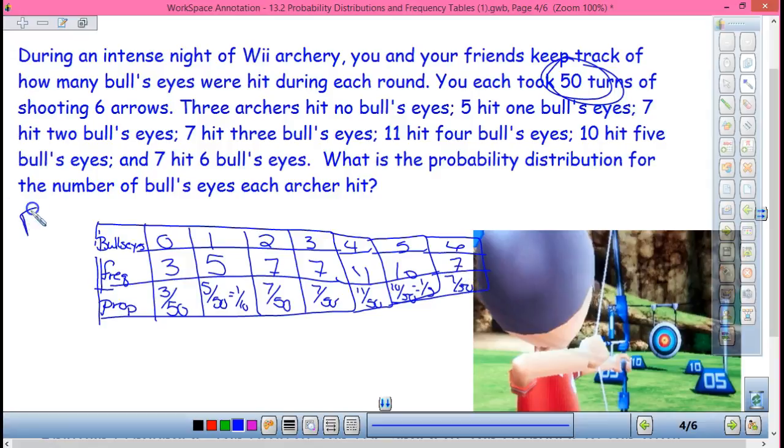This is how you make your frequency table. There needs to be 3 rows: number of bullseyes, frequency, probability. That makes sense?